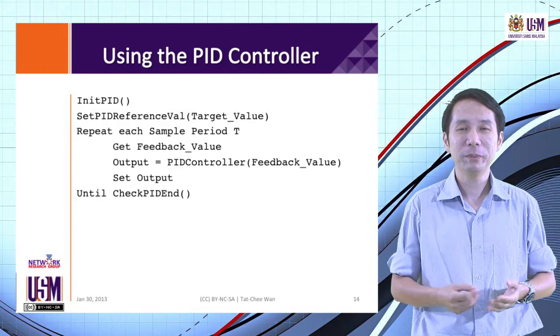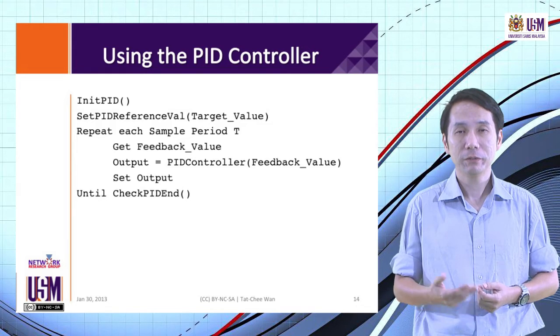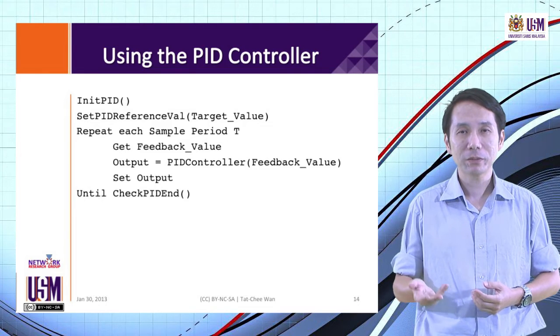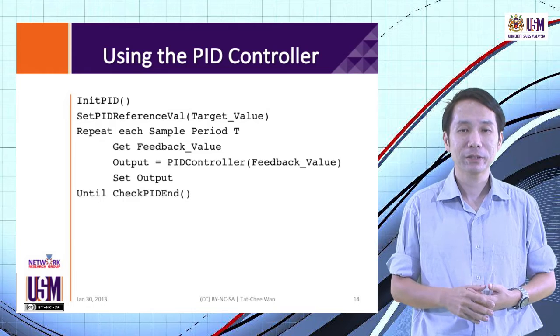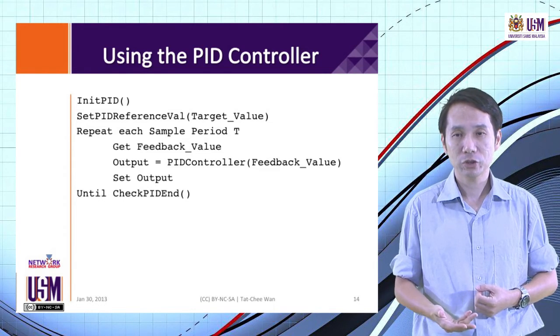So how do we use the PID controller? First, the controller must be initialized with the appropriate values for K sub P, K sub I, and K sub D. Then, once we are ready to use the PID controller, we will need to set the reference value, or the target value, for the controller to converge towards.